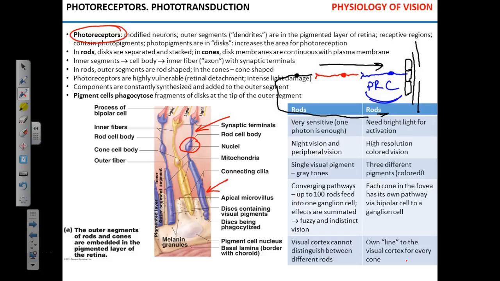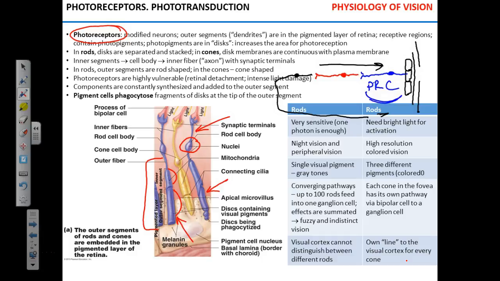This part, the quote-unquote dendrite, is called the outer fiber and contains the inner and the outer segment. The outer segment is submerged into the pigmented cells.